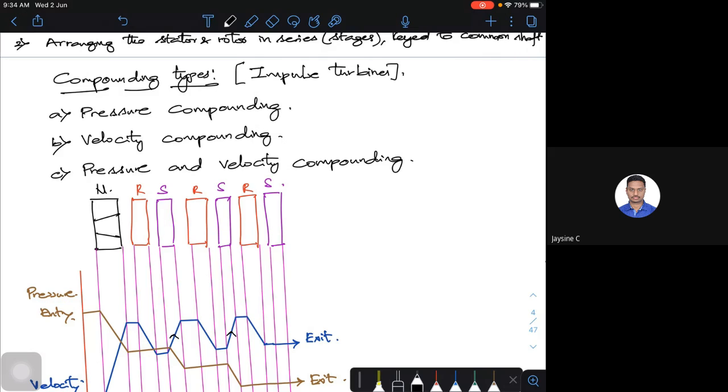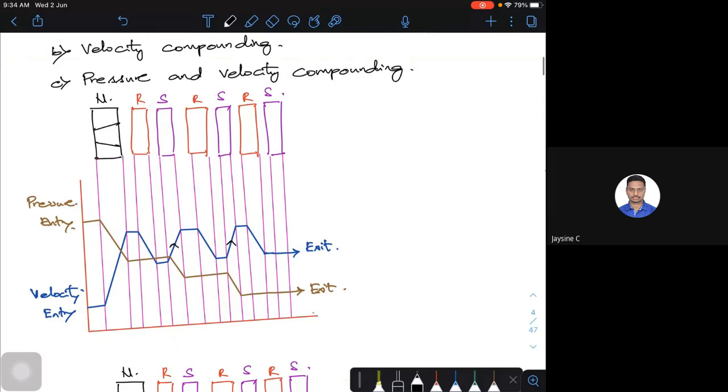In reaction machines, the pressure energy and kinetic energy changes take place automatically. If you speak of pressure compounding, I have put a simple sketch. Look at it.